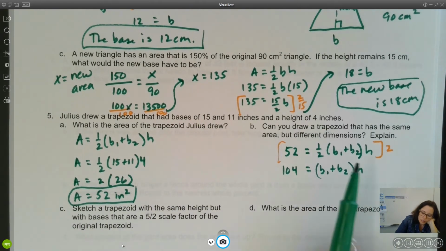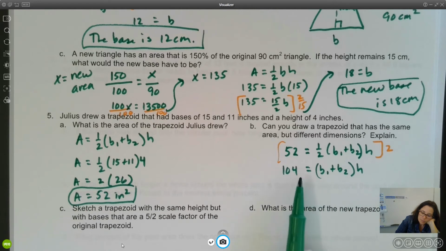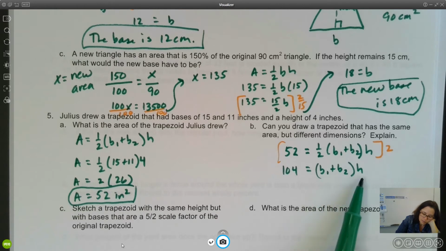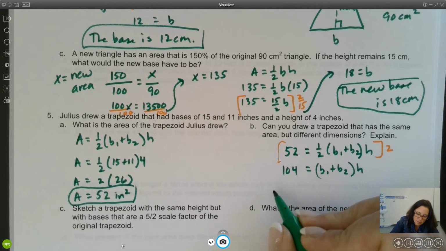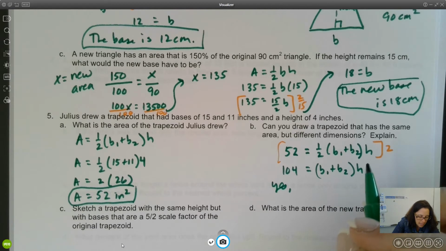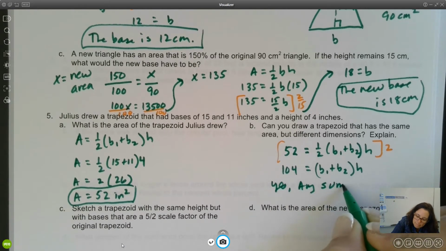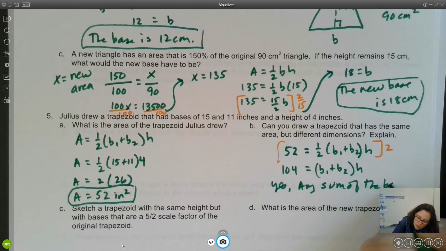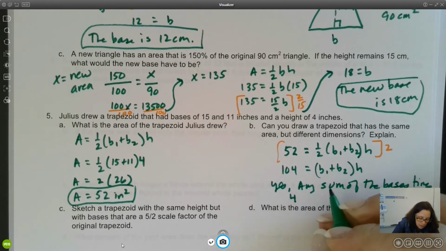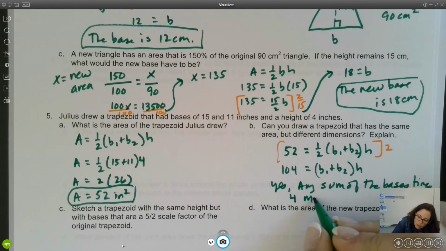So there is a way to get 104 with different dimensions for the bases and the height. So yes, any sum of the bases times 4 must be 104.